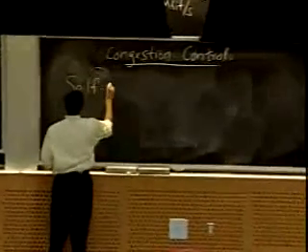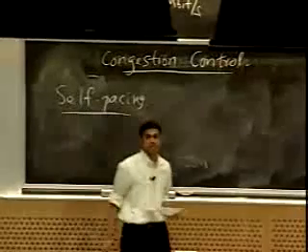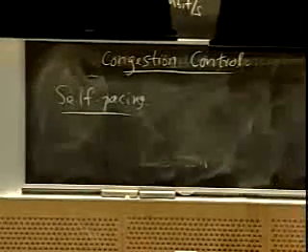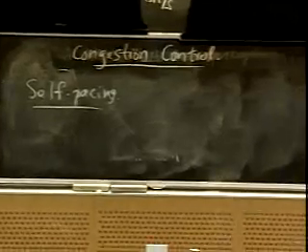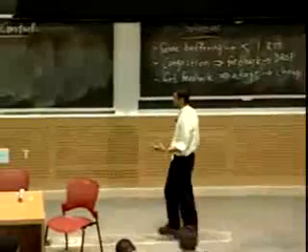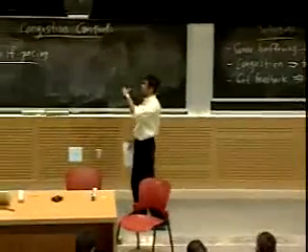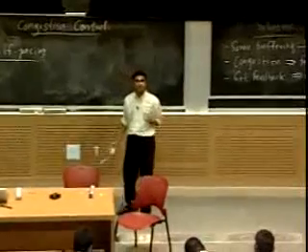So the main point to note about this is that this scheme has an effect that I'll call self-pacing. Okay? It's self-pacing because the sender doesn't actually have to worry very much about when it should exactly send a packet, because it's being told every time an acknowledgement arrives that one packet left the network, which means I can send one packet into the network.